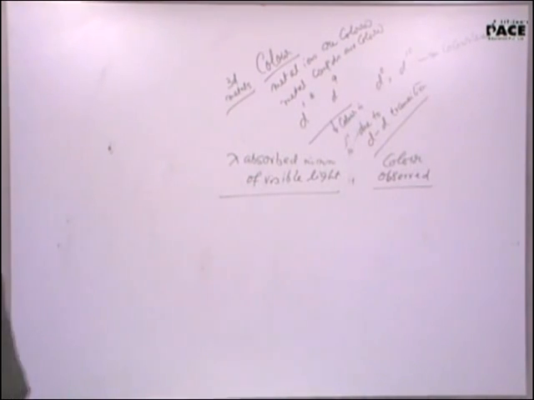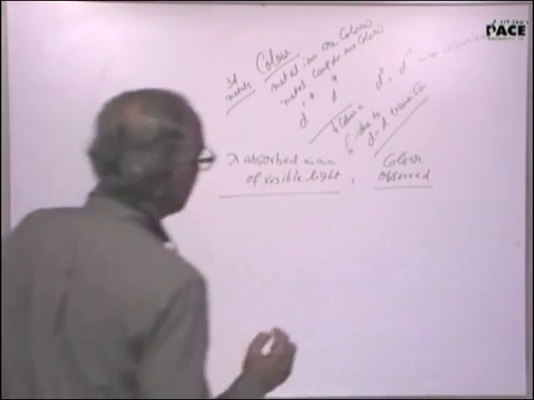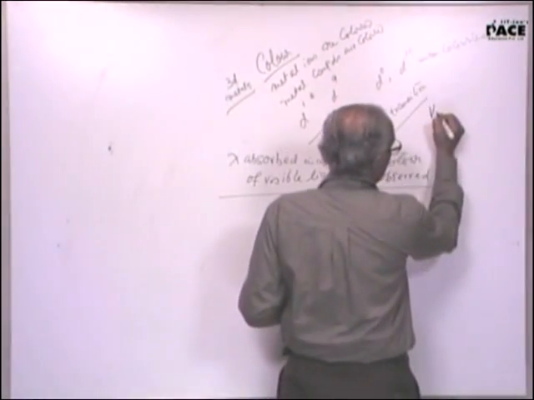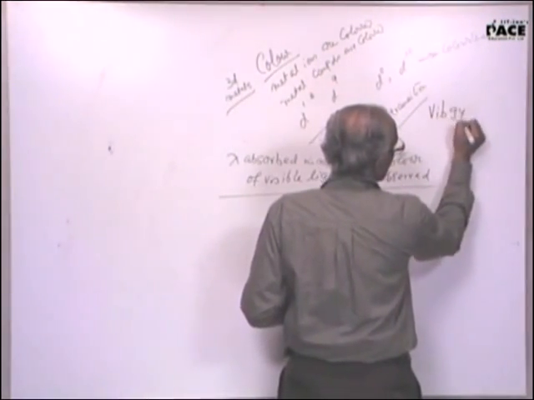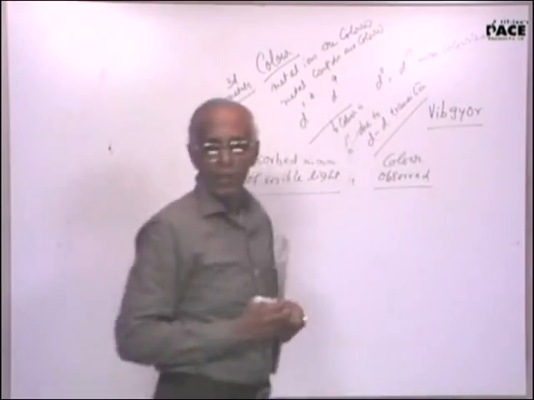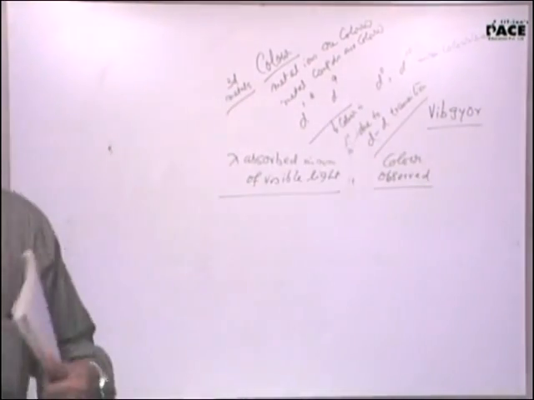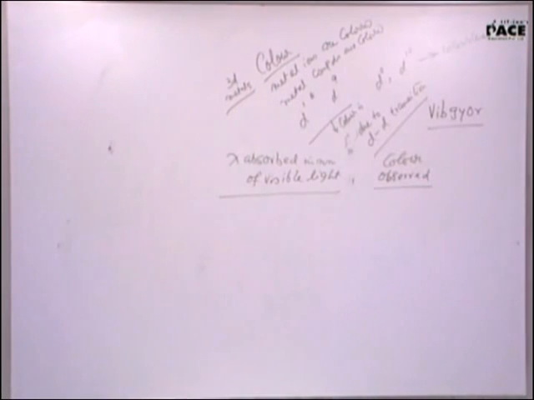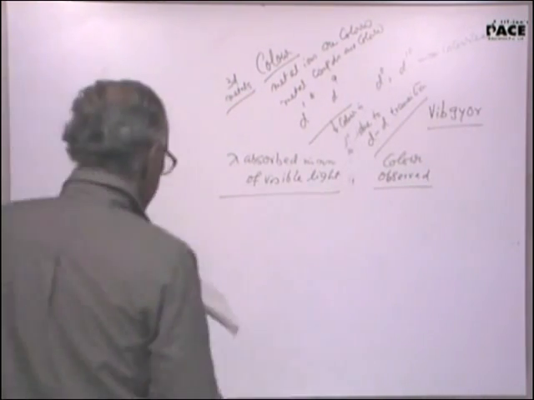The transmitted light is responsible for the color. So you know the visible light: VIBGYOR. Violet, indigo, blue, green, yellow, orange, red. Okay, write down.